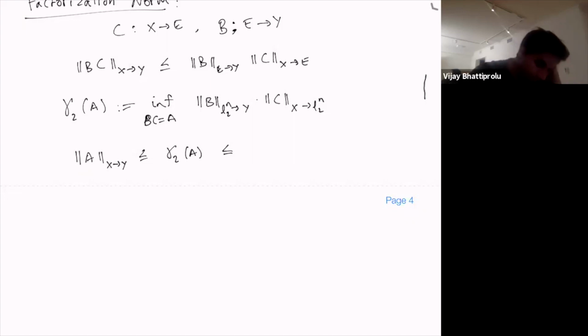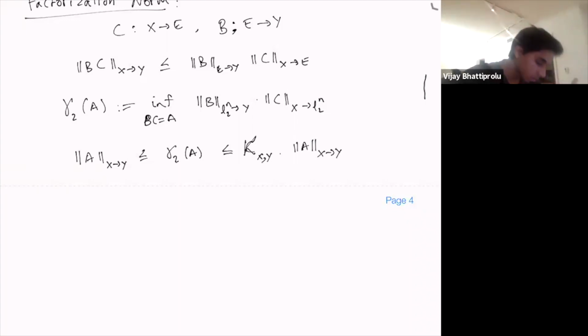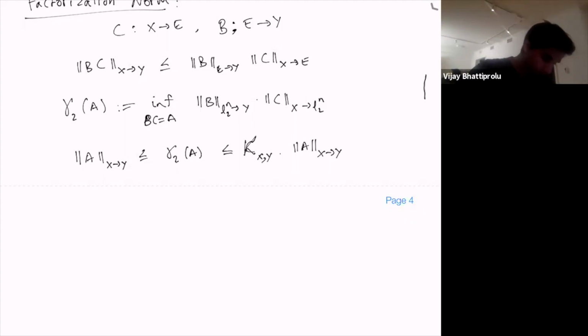So a factorization theorem is a statement of the form: this gamma 2 of A is at most some constant K depending on the norms X and Y times, again, the operator norm of A. We're interested in for what norm spaces we can say that the factorization norm is very close to the operator norm. Often it's good to have K being independent of the dimension of X and Y.